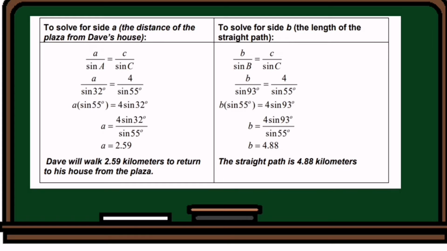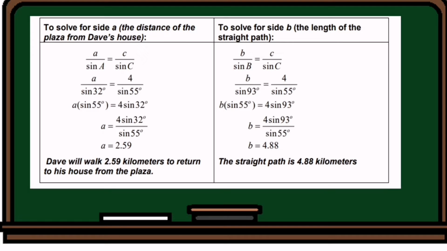Substitute the values of angles A and C, and also the measure of side c, and we will get a over sine 32 degrees is equal to 4 over sine 55 degrees. Cross multiply and find the value of a and you will get 2.59. Dave will walk 2.59 kilometers to return to his house from the plaza.